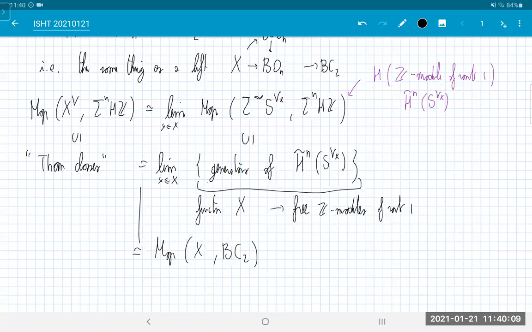Yes, sorry, that was silly. Another way of thinking about it is functors from X to free Z-modules of rank 1.